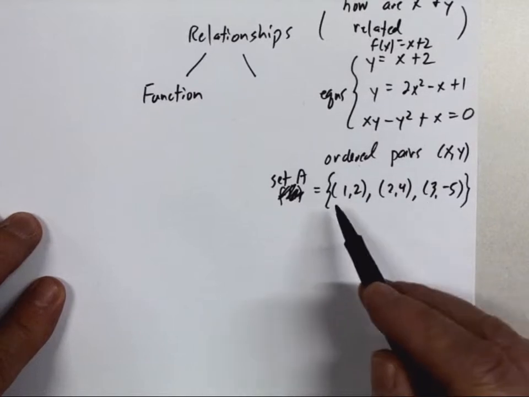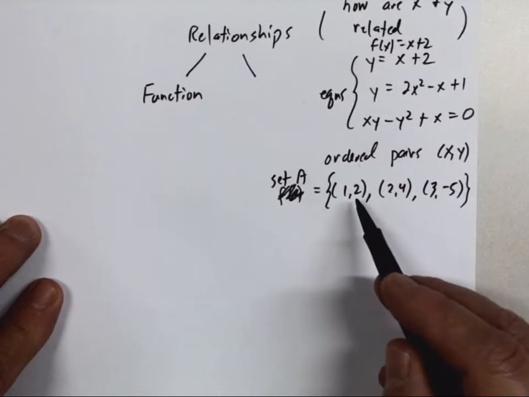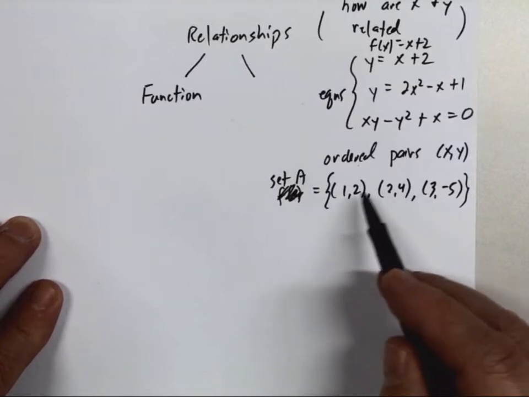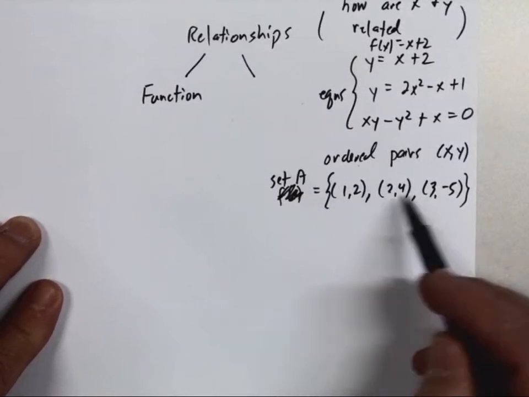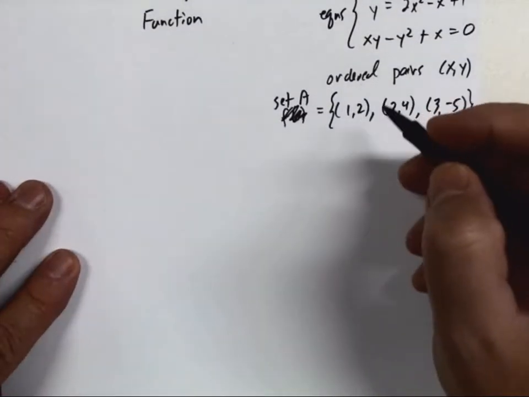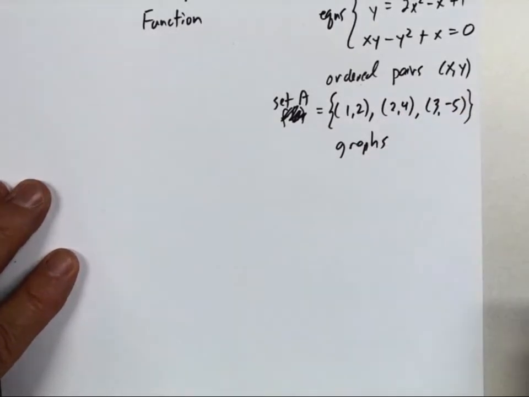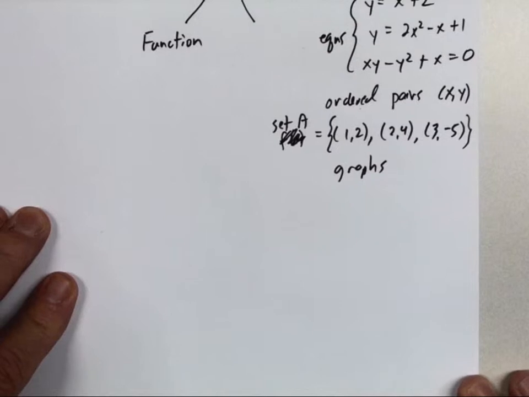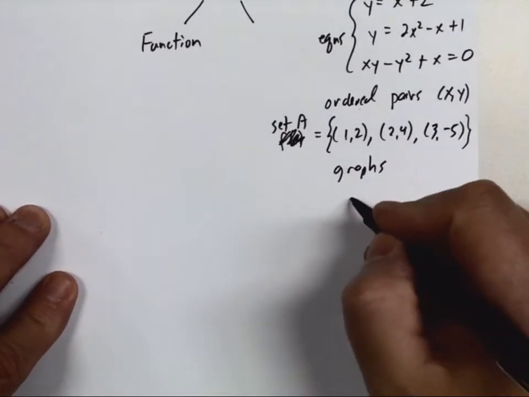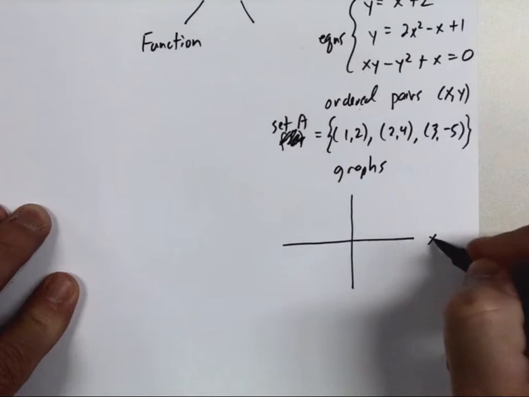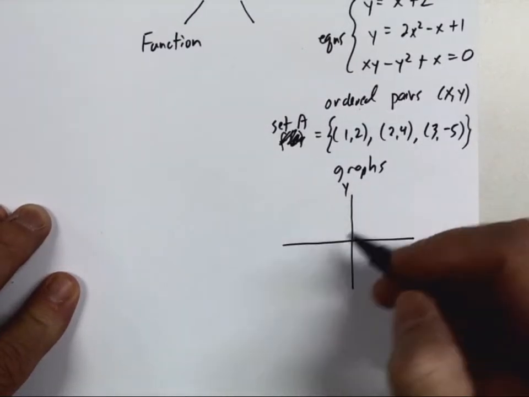Now here, I only have 3 possible x's, so only 3 little relationships here. Now the last one that also describes a relationship is a graph. Because what's a graph? A graph is, you have the x-axis and the y-axis.